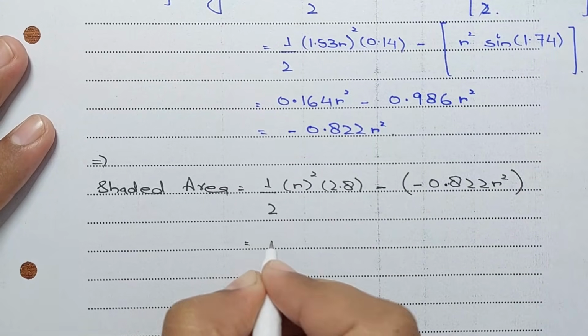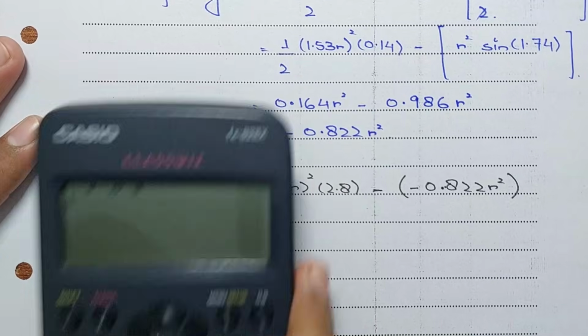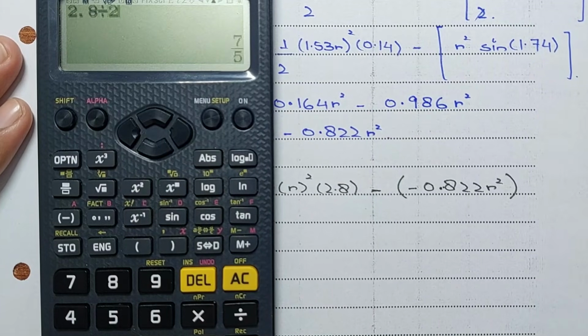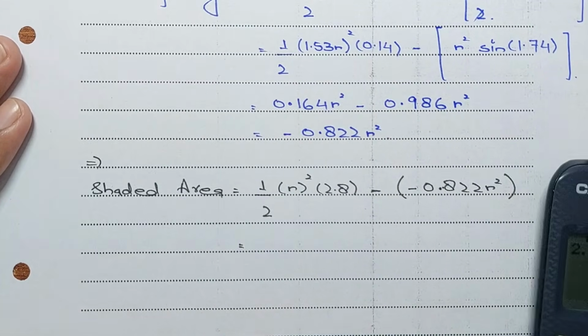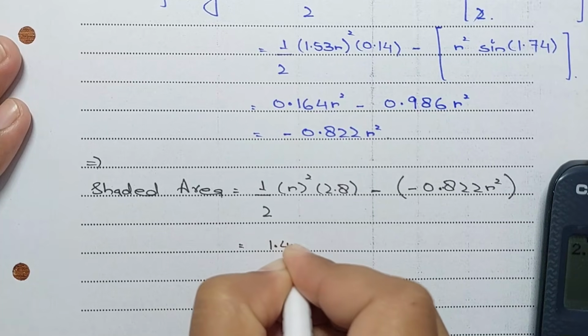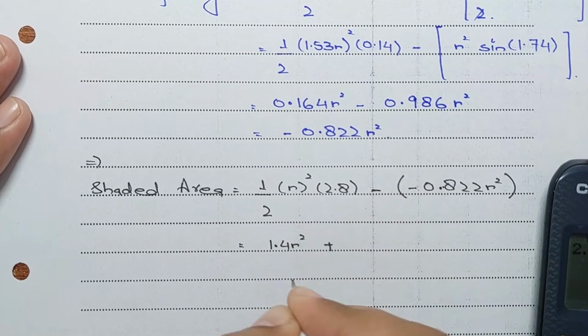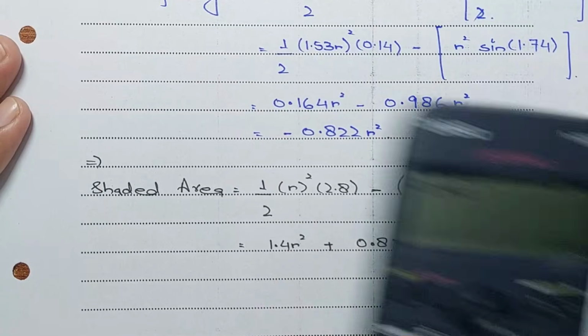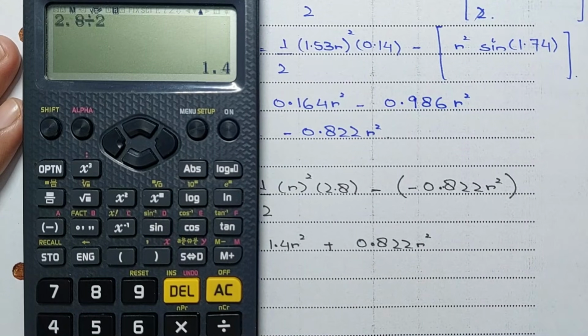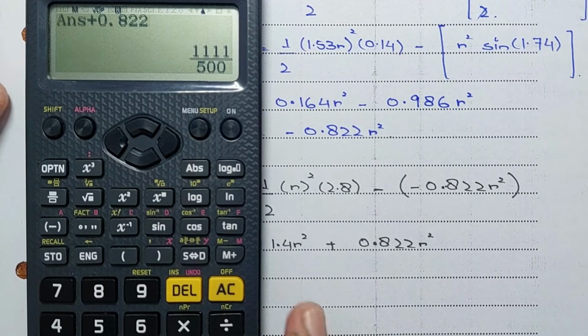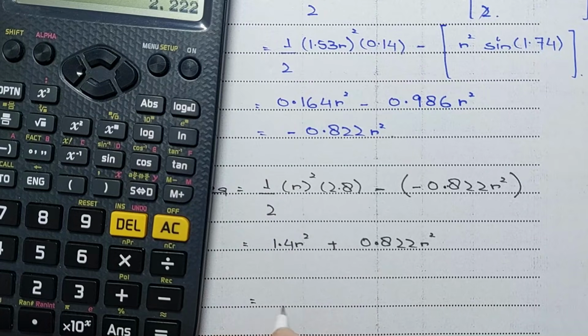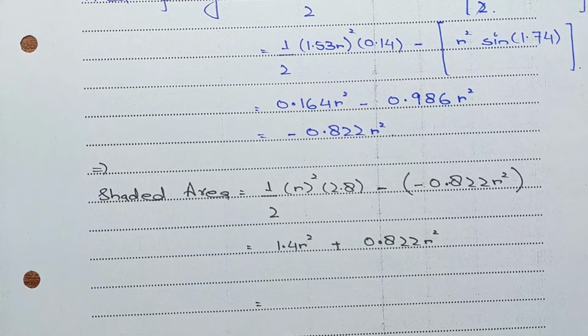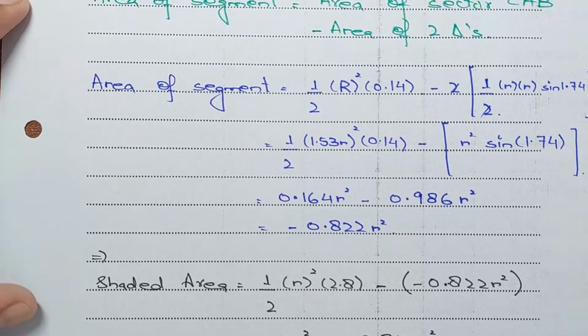Okay, now we have 2.8 divided by 2 is 1.4. 1.4 r square and plus negative times negative is positive 0.822 r square. So simplify the coefficient of r square, which is 0.822, and this becomes, wait a second, I did a mistake over here.